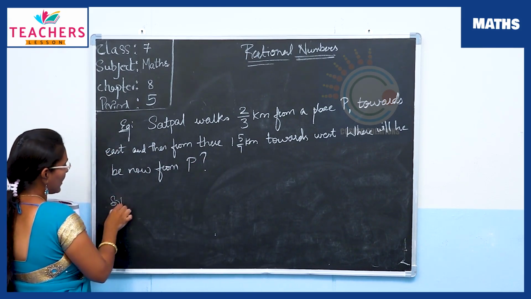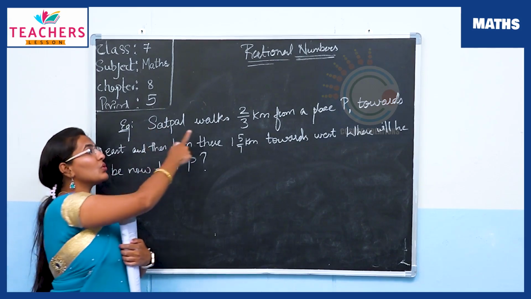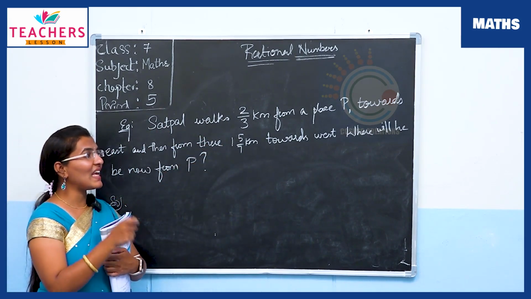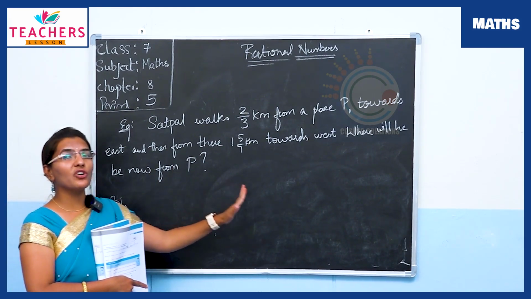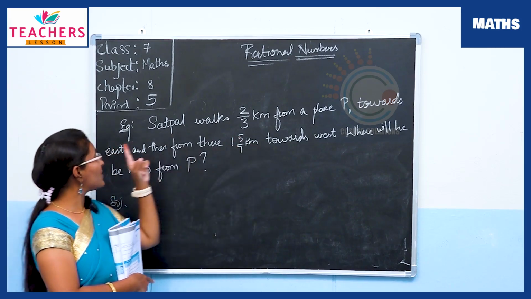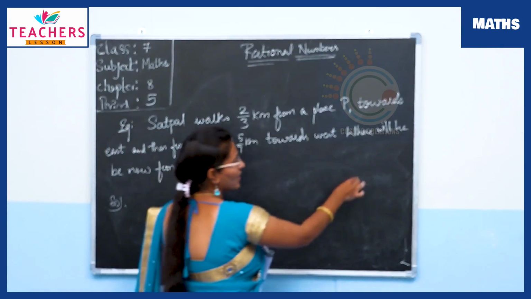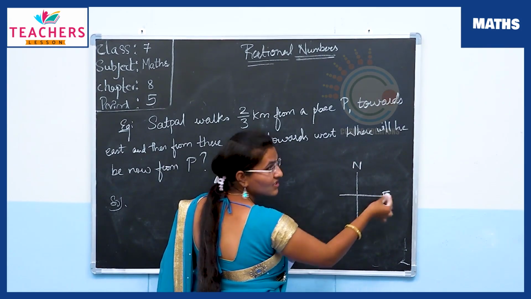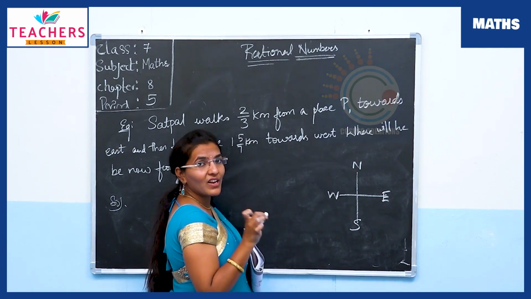So students, carefully read the question. Yes, Satpal walks 2 by 3 kilometer from a place P. So he is walking from a place P, 2 by 3 of a kilometer, towards where? East. East means positive or negative? Generally, we all have north, south, east is to the right and west is to the left. So in the number line, what will we take generally?